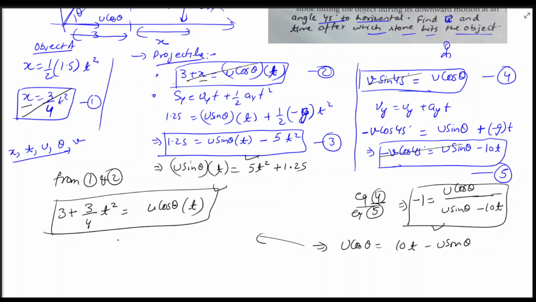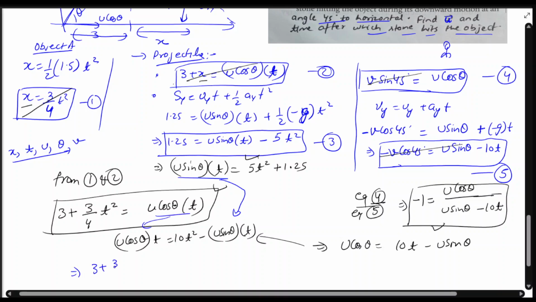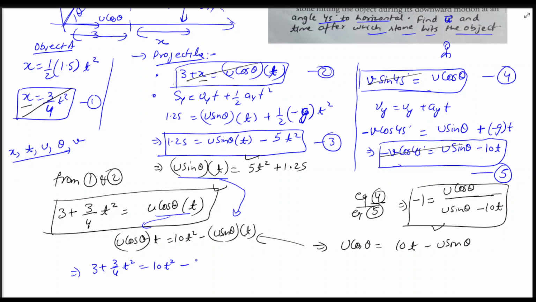We will get u cos theta into t equals 10t square minus u sin theta into t. Right? Now let's put this here and this here. Okay. So we'll get 3 plus 3 by 4 t square equals 10t square minus 5t square plus 1.25, right?